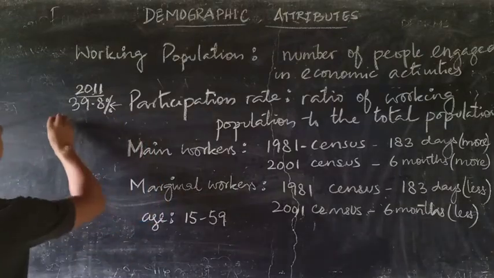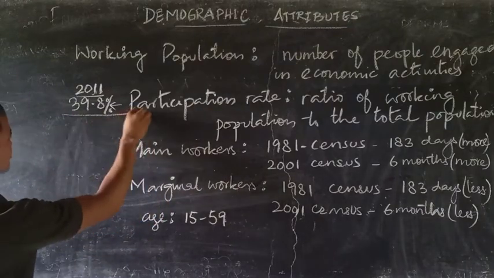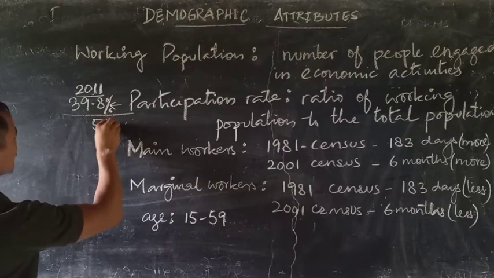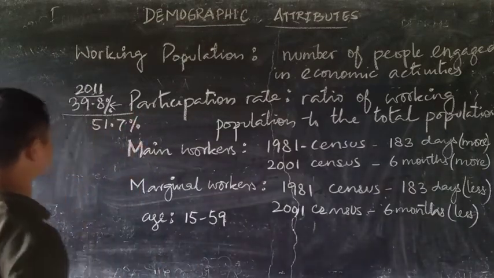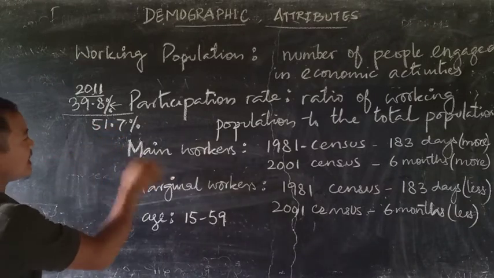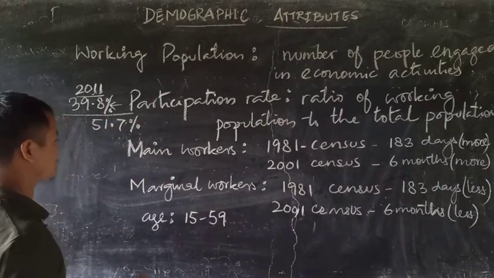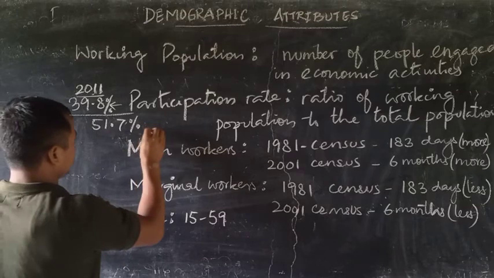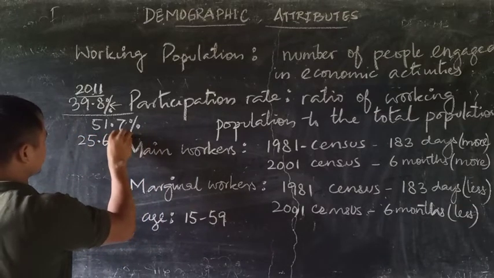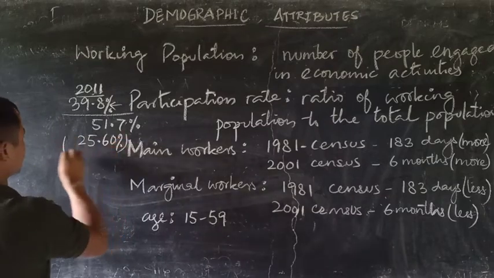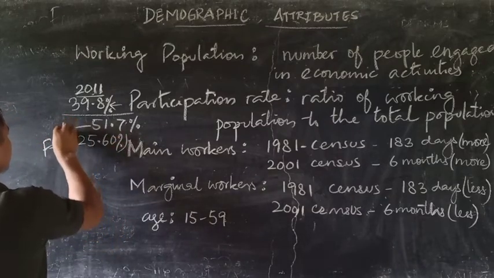We see that the male participation rate is 51.7%, while the female participation rate is almost half that of the male participation rate, with only 25.6%. This is female and this is male.